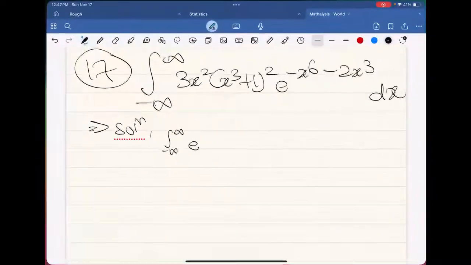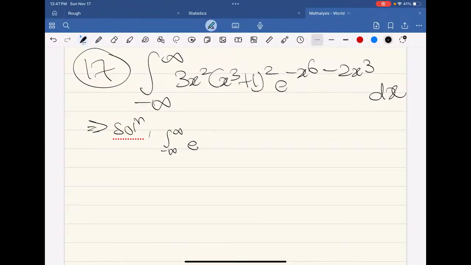Yeah. Okay, so minus x cube plus 2, right? And then x cube plus 1 whole square, 3x squared dx.